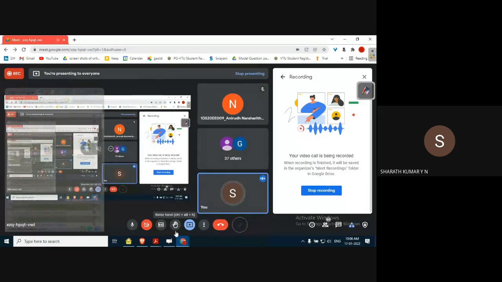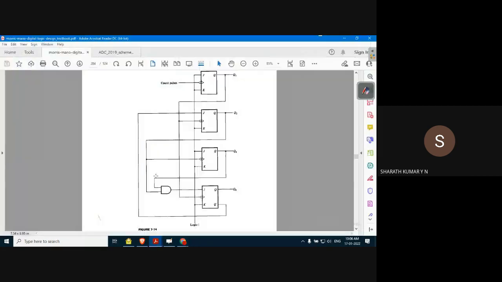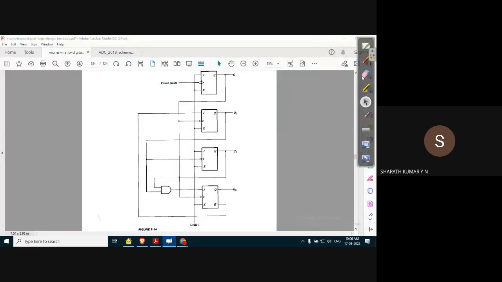It need not be the first. Ultimately they are going to work in series. So the clock pulse will be applied to one flip flop, and the normal output of that flip flop will be applied as a clock input to the next flip flop. This is the normal structure.